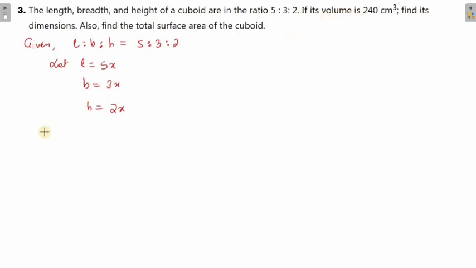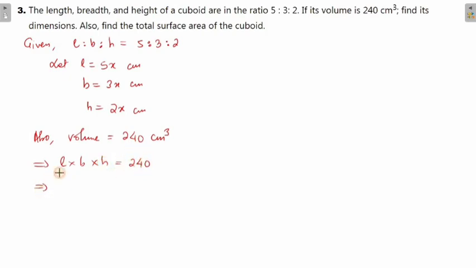It is also given that volume is 240 centimeter cube. Since centimeter is written here, let me write the unit also in centimeter. All of you know volume is L into B into H. So L into B into H is given to you as 240.